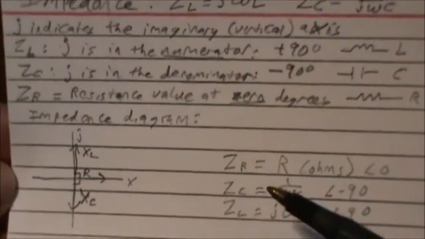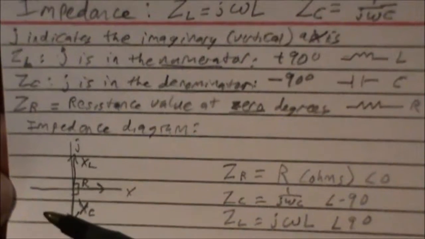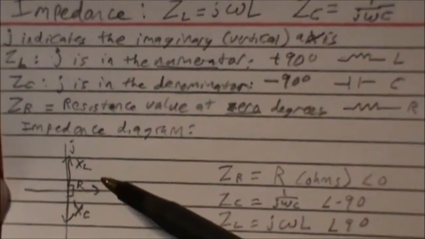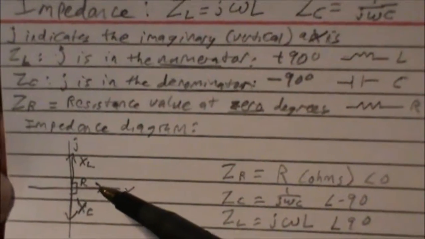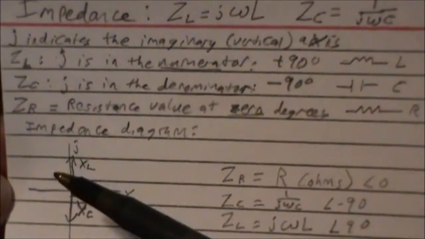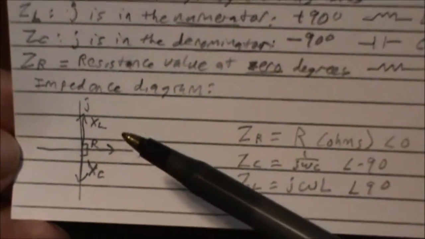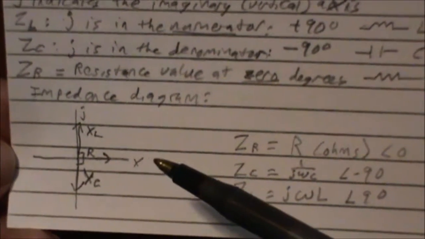If you remember our old-fashioned unit circle from calculus, pre-calc, or trigonometry, imagine there's a circle, and the positive direction of the circle goes counterclockwise. There's the j-axis and our x-axis, horizontal.